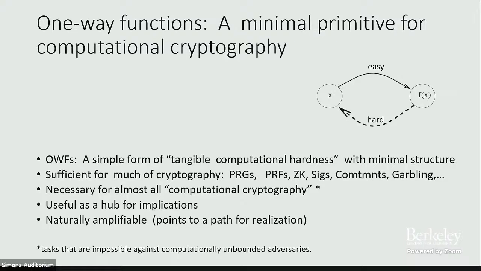The question is, why do we actually talk about one-way functions as opposed to PRGs or something else? Is it the minimal assumption? I don't know. Maybe it's just historical, that it was talked about in '76, and it actually took a lot of effort to get PRGs from one-way functions. But I also think there's something to it: for instance, this natural amplifiability doesn't really work for PRGs, even to get one bit of PRG.